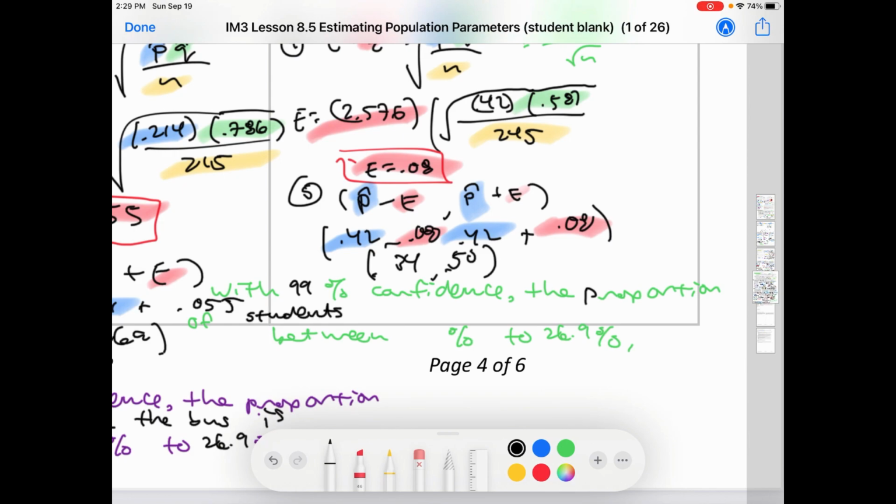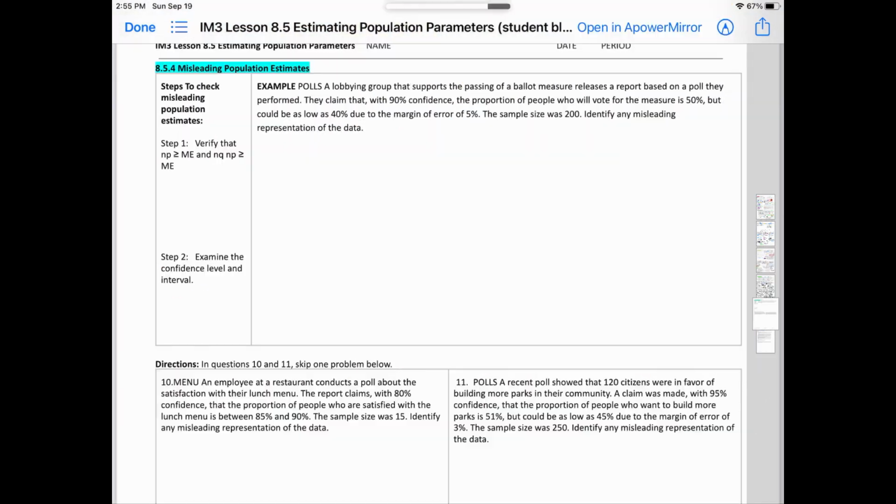Students who agree with the principal's plan is between 34% and 50%. Okay.